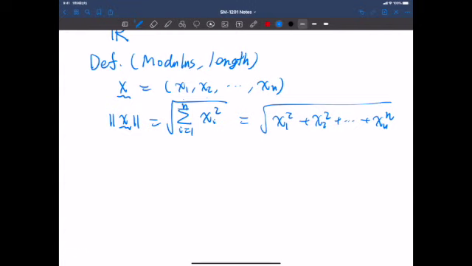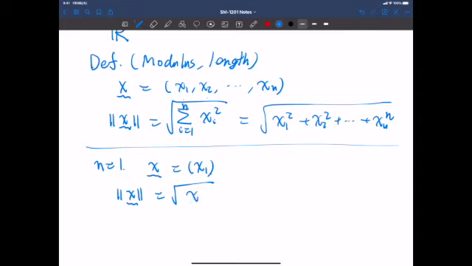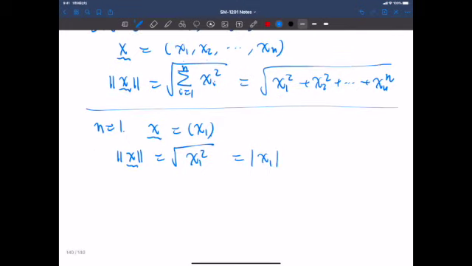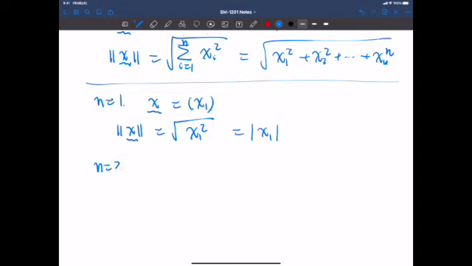Let's see some easy examples. If n is 1, so that is a one-dimensional vector, then this vector is just one number, x1. So its modulus is defined as the square root of x1 squared, which is just the modulus of a real number. In the case of two dimensions, we have two numbers, x1 and x2.